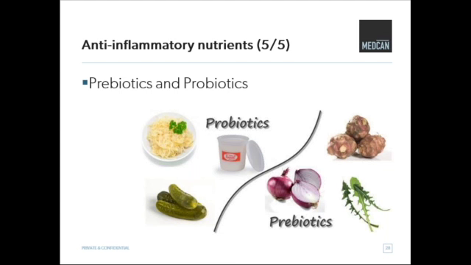Clinical trials have shown the anti-inflammatory effects of prebiotics in patients with diarrhea, in ulcerative colitis, and precancerous colon polyps. Probiotics can also be used with antibiotics to help prevent diarrhea that may come with taking antibiotics.